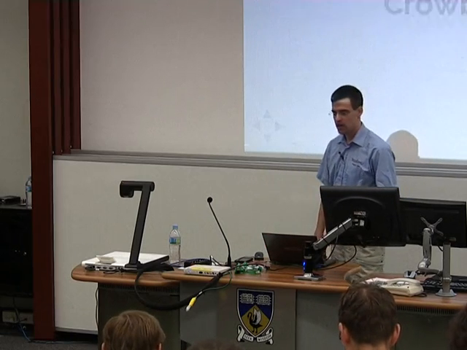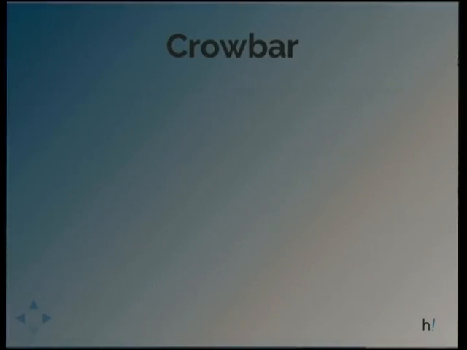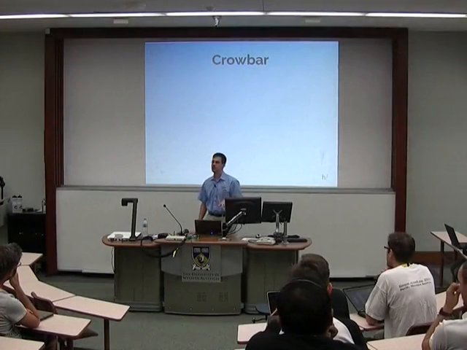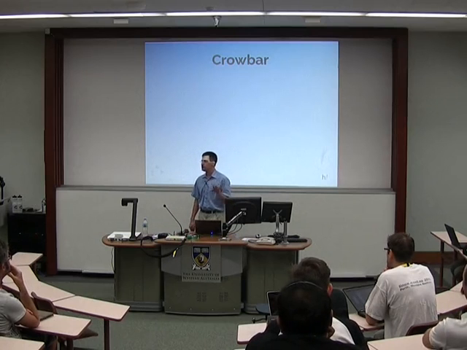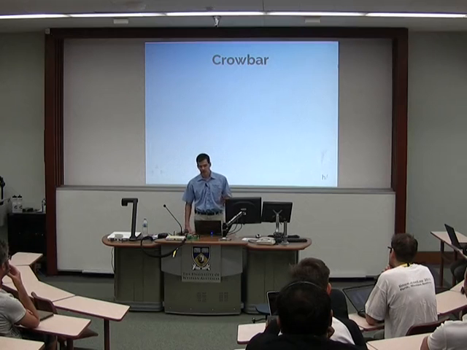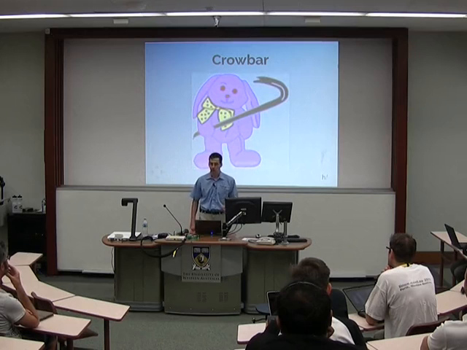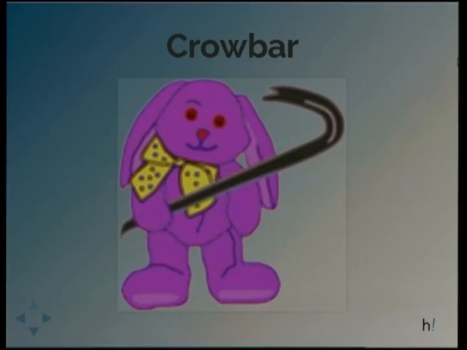Another project, Crowbar. Now, Crowbar comes out of Dell. All of these slides here that I use were meant to be PG rated and suitable for children. This is an exception because the official mascot and logo for Crowbar is this scary purple bunny carrying a makeshift melee weapon, which will undoubtedly frighten small children.